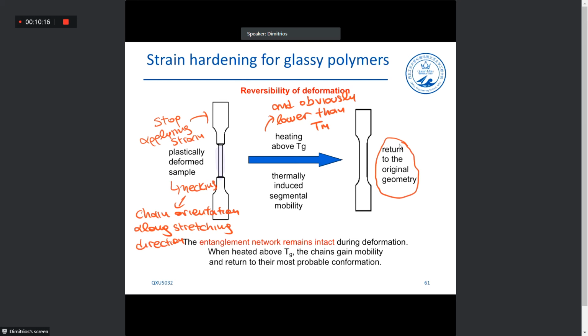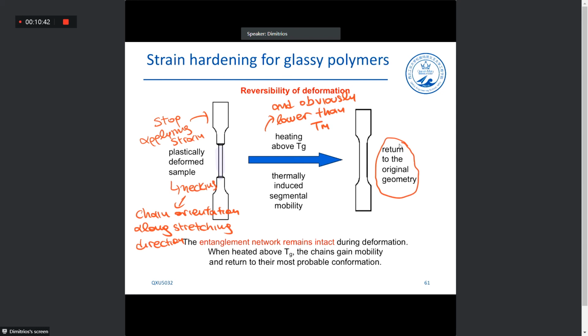And the chains which are slightly starting to get oriented, they get enough mobility, and because they get enough mobility, they start getting entangled again, okay? Because they start moving again, they're relaxing, and this is essentially a thermally induced segmental mobility, and that helps the sample return to the original geometry.